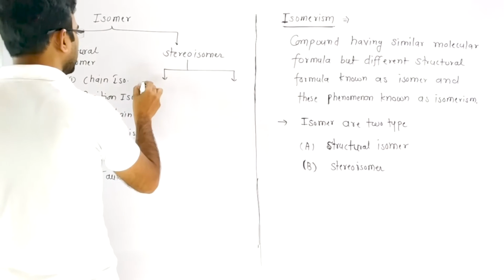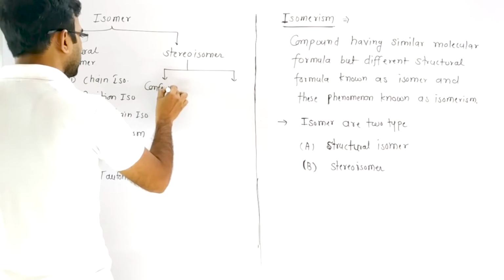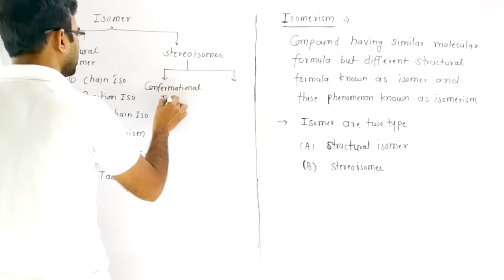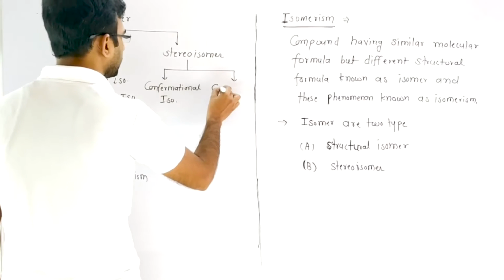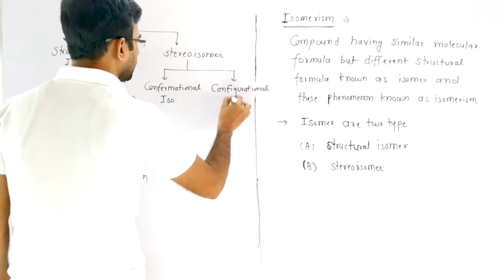Stereoisomer is classified into two parts. First, conformational isomer, and second, configurational isomer.